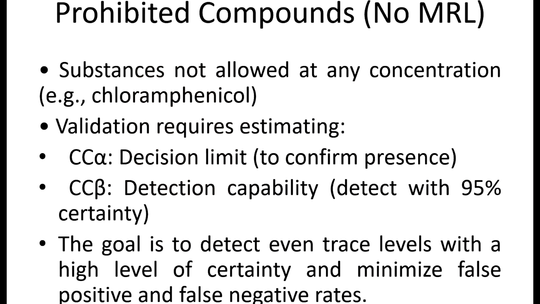In this case, validation requires estimating CCα, which is the decision limit, to confirm the presence of the analyte in the sample. You are highly confident that the compound is present in the sample. You decide this. Then CCβ, another level of certainty, which is the detection capability, to detect with 95% certainty. And the goal is to detect even trace levels with a high level of certainty and minimize false positive and false negative rates, as I explained before.